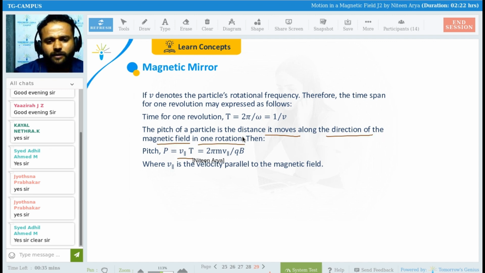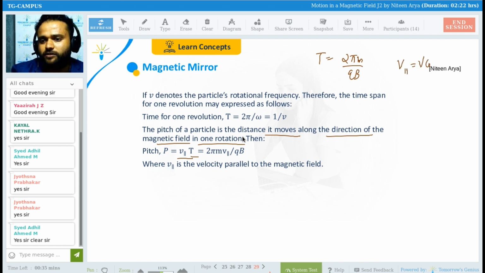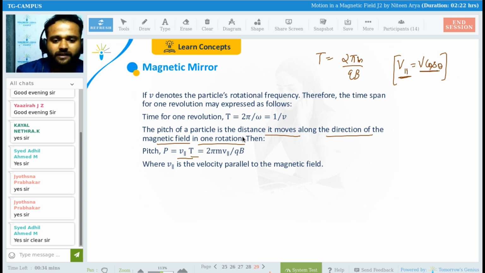Then pitch is nothing but v parallel times the time period, and we already know the time period is 2 pi m divided by qB. Here v parallel is v cos theta, the velocity parallel to the magnetic field. Most of the time it is written in this format.